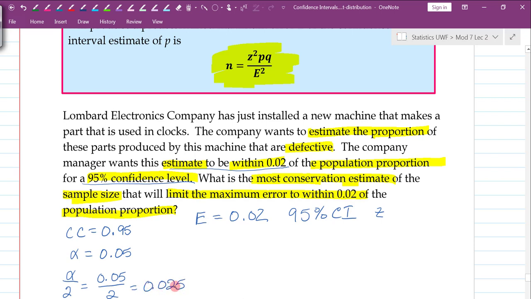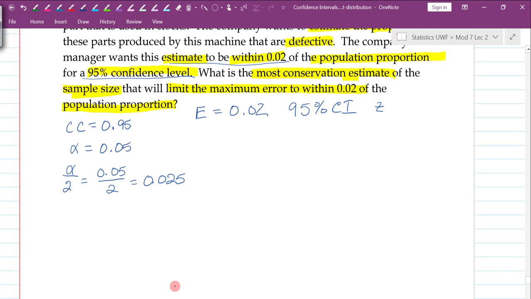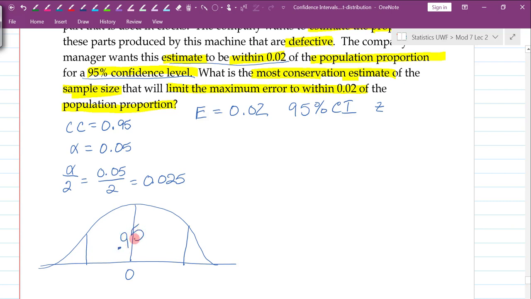Okay, so I know what my z is going to be equaling. So I have my curve. I put mu in the very center, which is going to be 0 on the standard normal. I have 0.95, my confidence coefficient, in here.